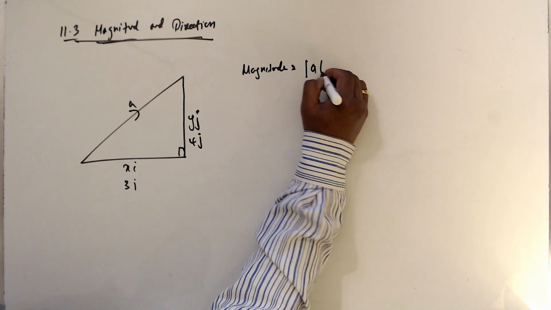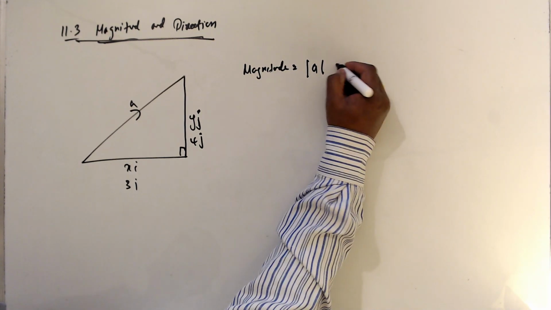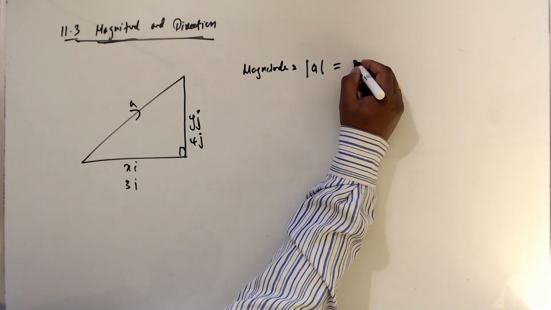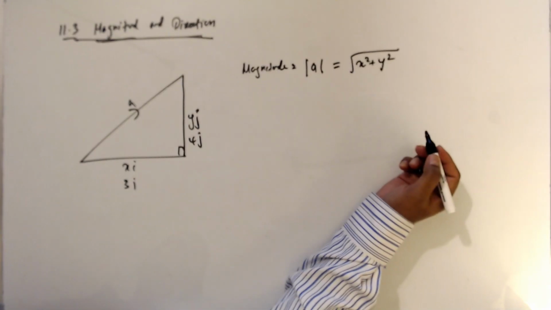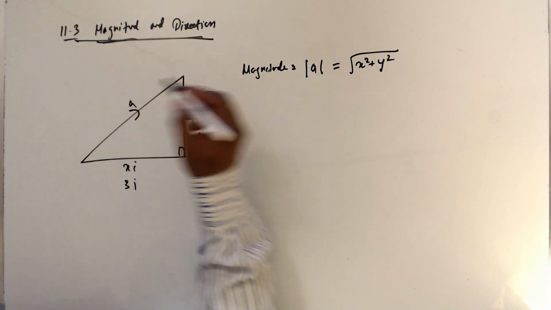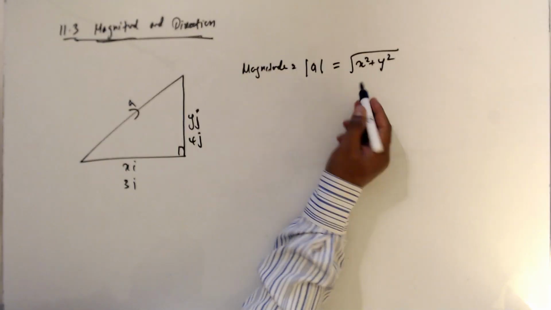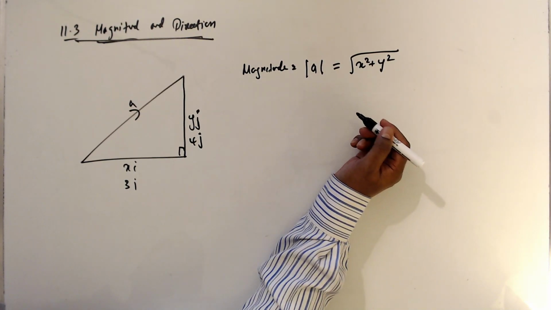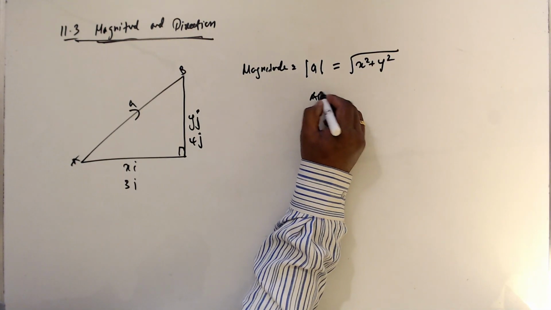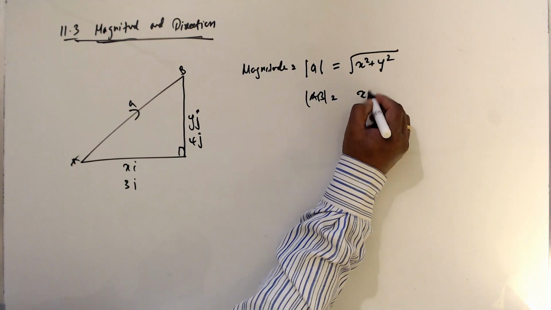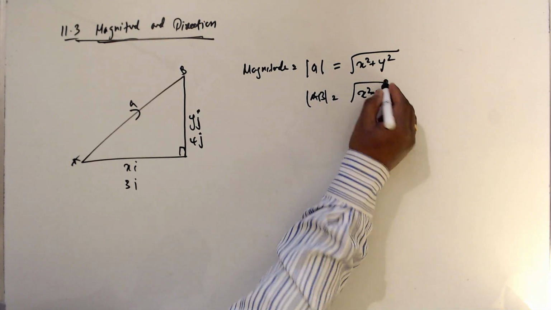this symbol, as we discussed earlier. So this is equal to the square root of x squared plus y squared. Magnitude A is the square root of x squared plus y squared.